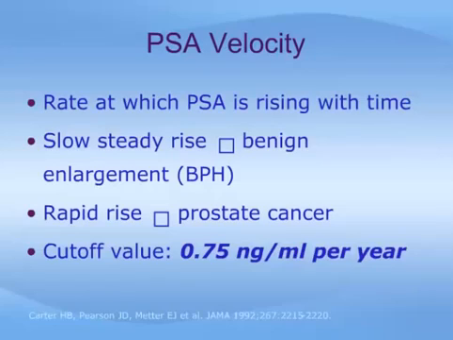In other words, if your PSA is rising more than 0.75 points per year, with at least 3 measurements taken, then your doctor may be more suspicious of prostate cancer and more likely to suggest a biopsy. It is important to know that PSA levels fluctuate in men with normal, healthy prostates. The PSA velocity is only a guide.